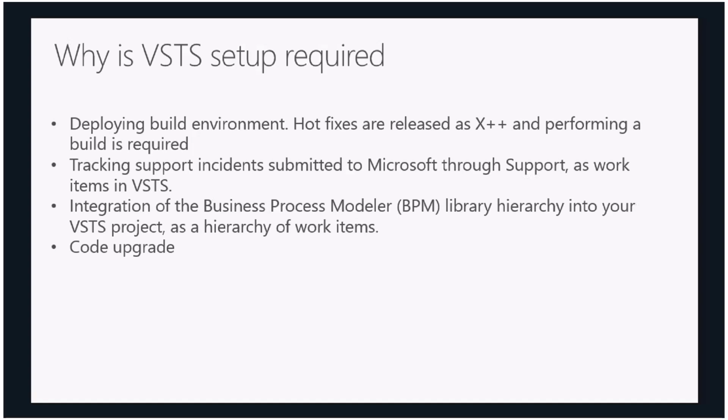Another reason why I would want VSTS set up is with respect to code upgrade. The code upgrade services will connect to your VSTS account, and it will upgrade the code in there, and it would be created in a new branch. So these are the different aspects where VSTS plays a role in the implementation for Dynamics 365.